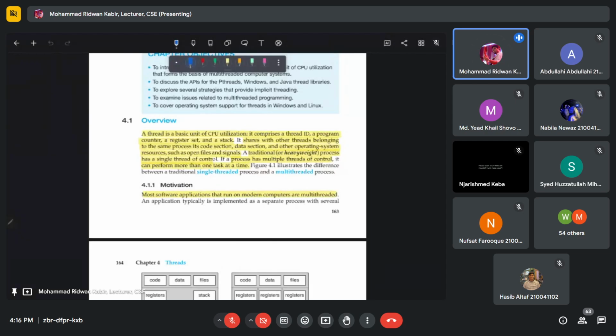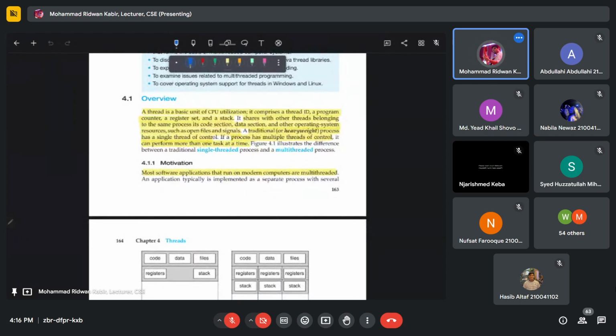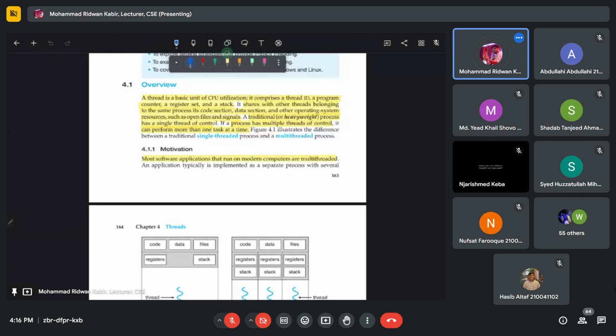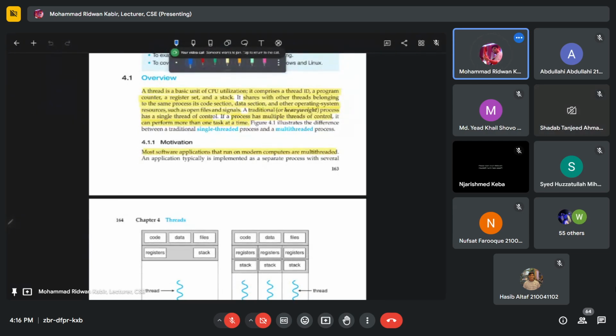Okay, and why do we need threading basically? A very intuitive example of this is that whenever you are using a web browser, what happens? You could open a lot of tabs at the same time, right?